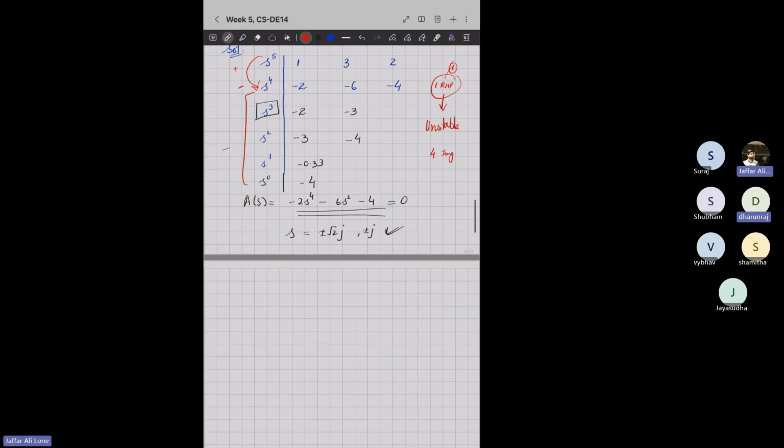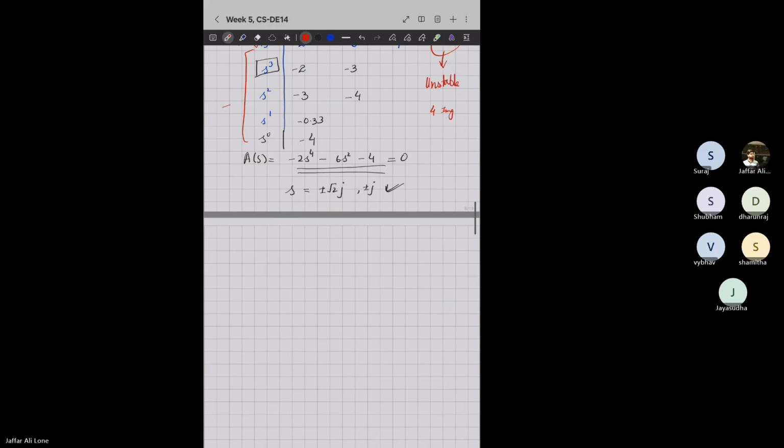Okay, let's make the graph. This is sigma, j omega. As of now, we got one pole in the RHP and the other poles at plus minus j and plus minus root 2j.